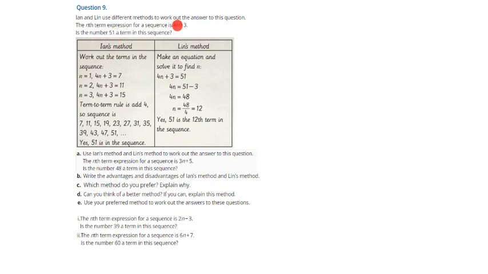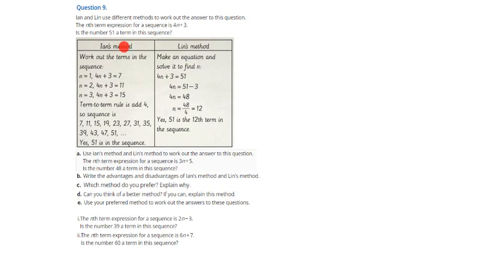She has found the value of n, the position number. So 4n plus 3 is equated to 51 and n is 12. So 51 is the 12th term, and yes, it is a term of the given sequence.